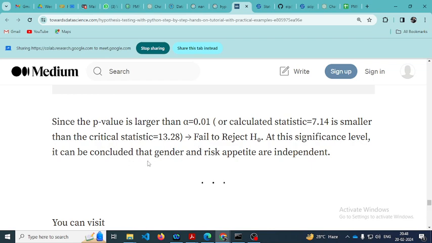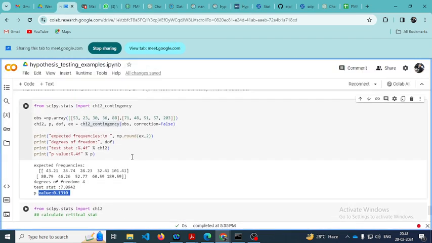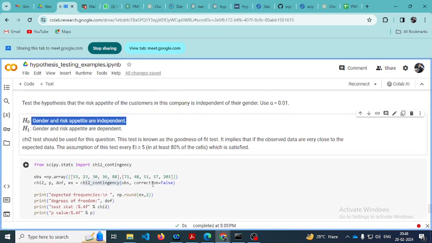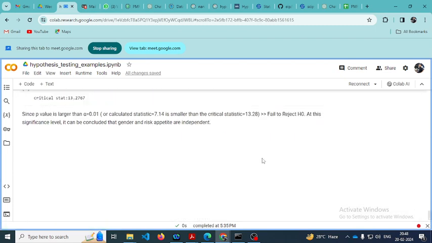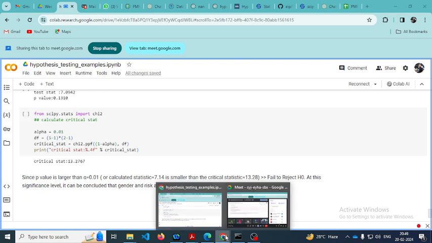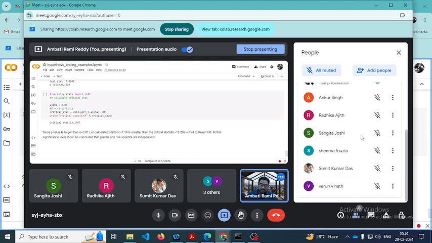So the conclusion from this hypothesis is that gender and risk appetite are independent. By going through this chi-square test, you will get a more detailed understanding of this problem statement. So with these examples from hypothesis testing, I am going to conclude this session.